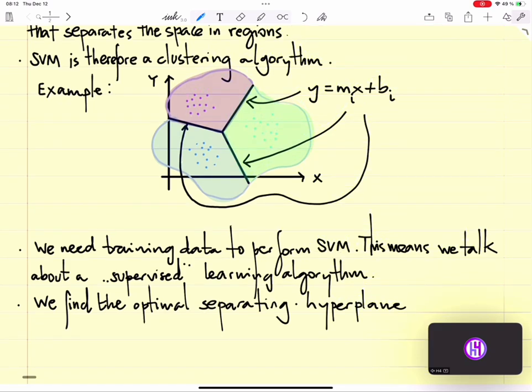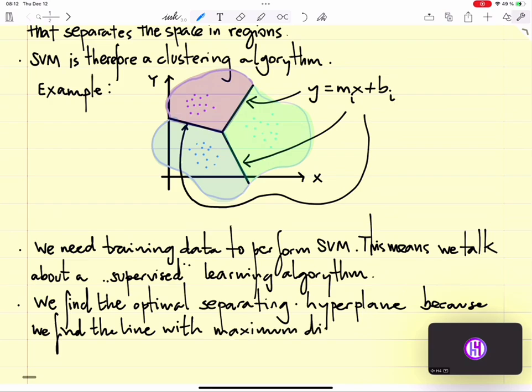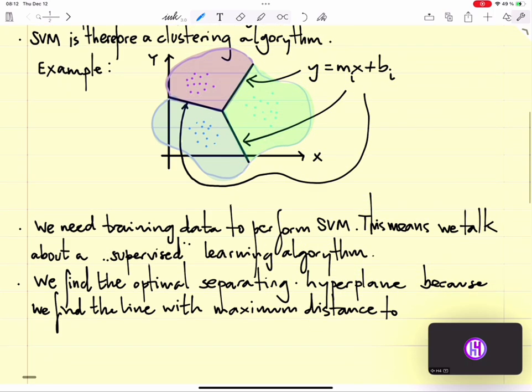We say we find the optimal separating line because we find the line with maximum distance to the points, to the training points.